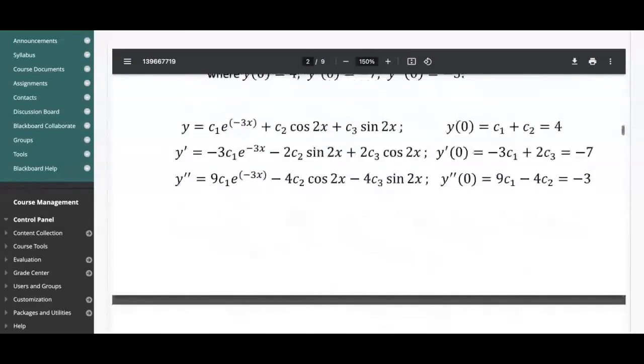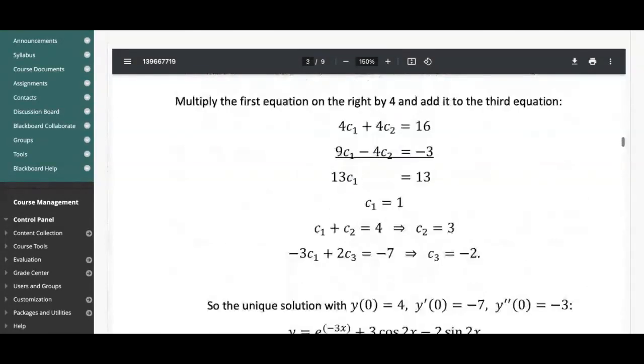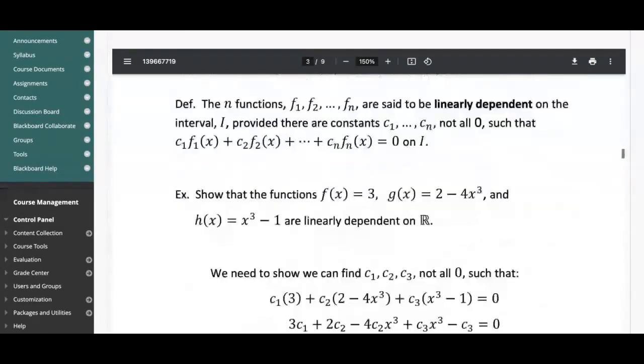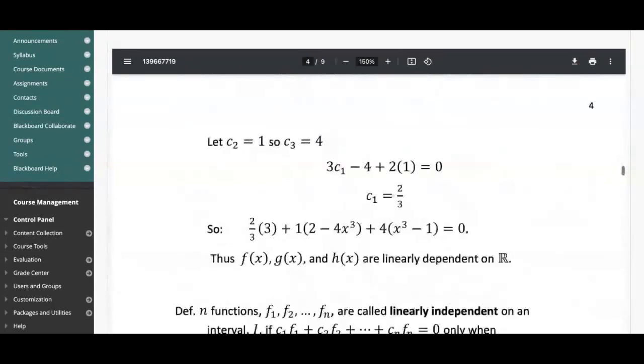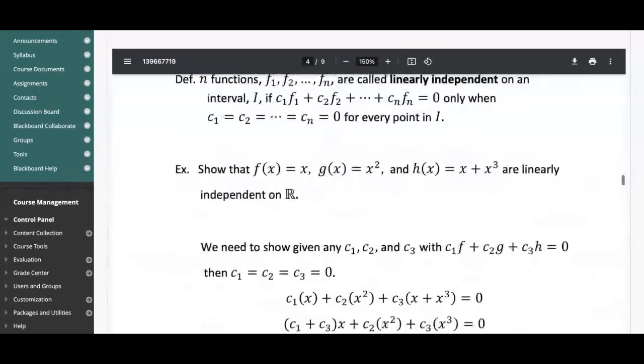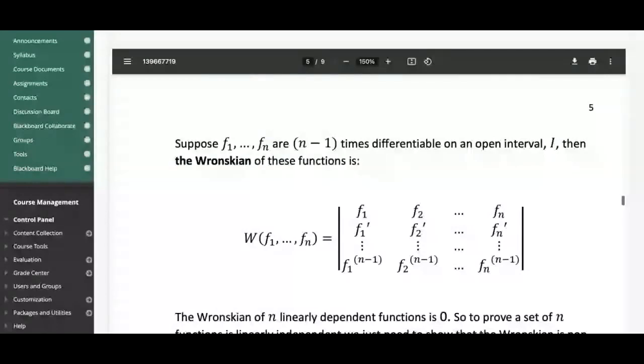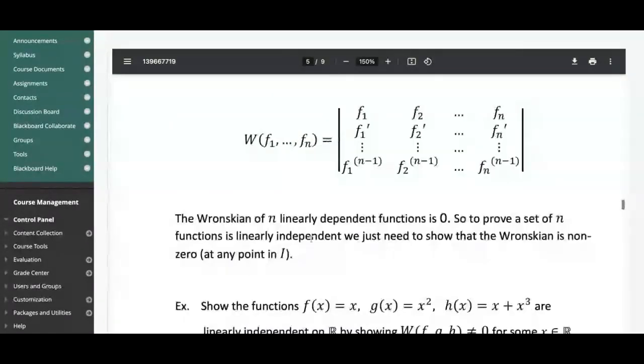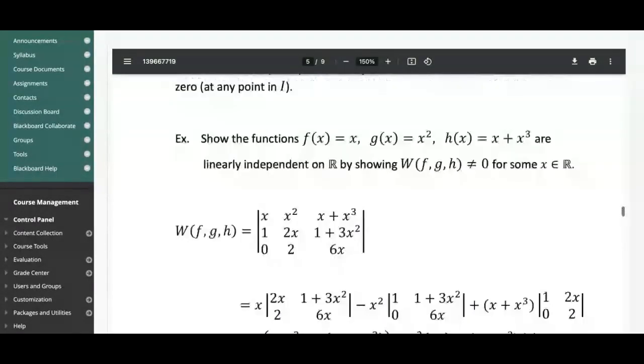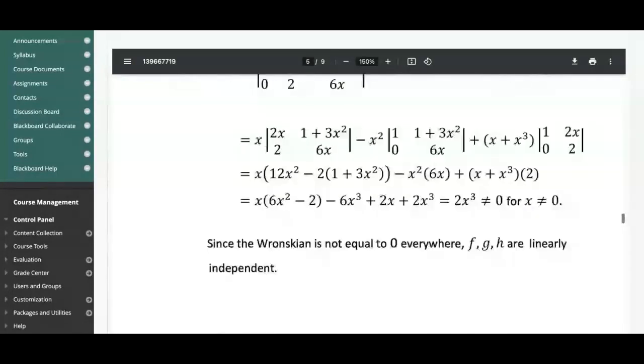We separate it into two parts of the solutions. And of course, we can still apply Wronskians to check if the solutions are linearly independent.